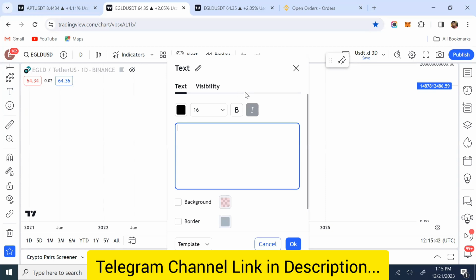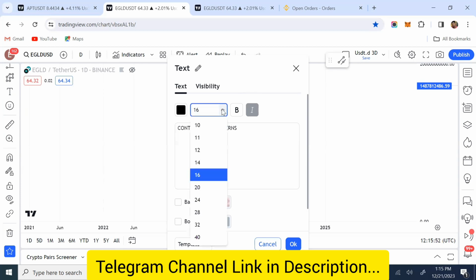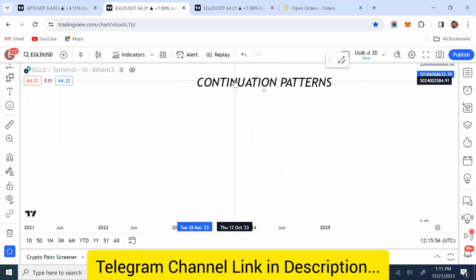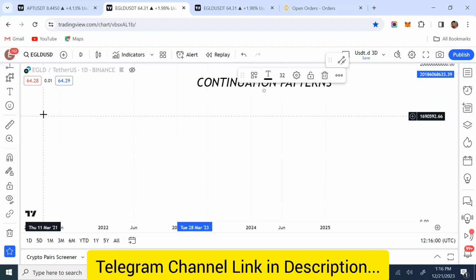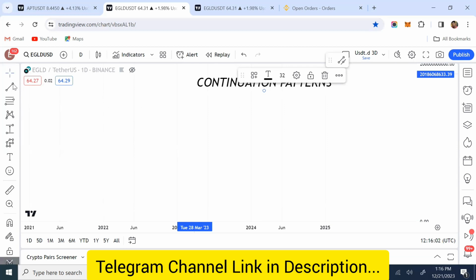Let's talk about still doing continuation patterns. Let's talk about pennants.